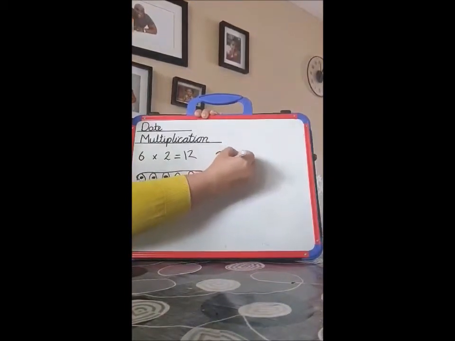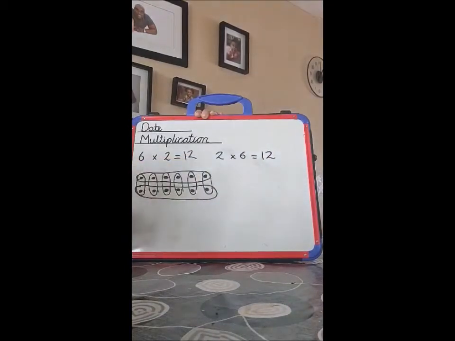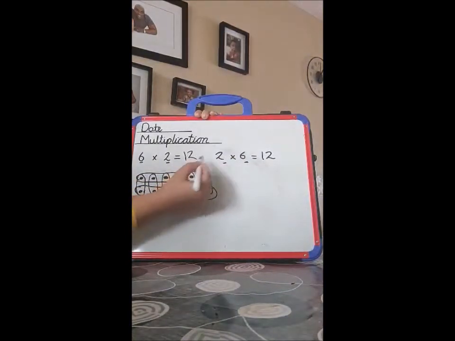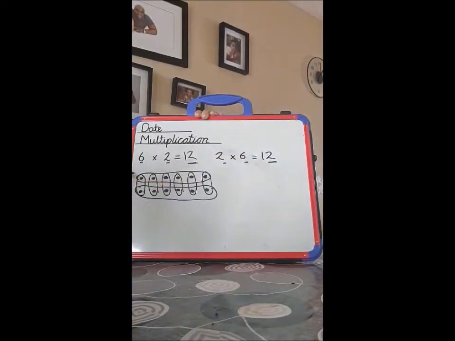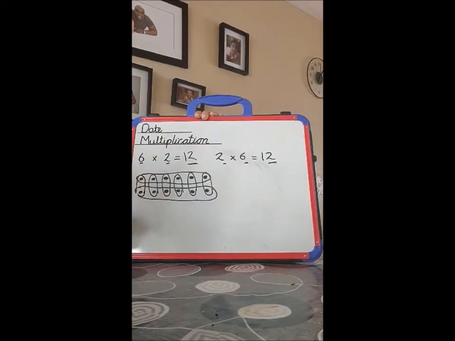We know it equals the same. So it doesn't matter which way round these numbers are, the total will always be the same. It doesn't matter if they are 6 groups of 2 or if they are 2 groups of 6. We can work it out either way to get the total amount that's there.